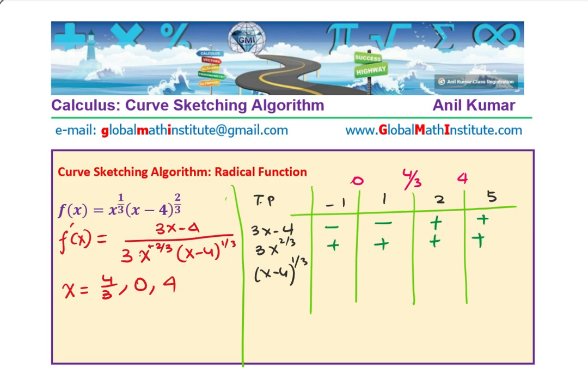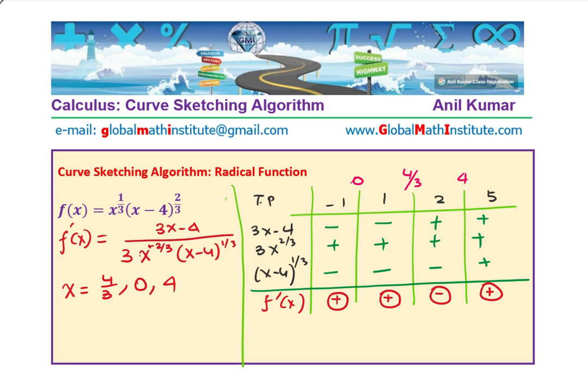Here, if I put −1, this is going to be negative, 1 will be negative, 2 will be negative, and 5 will result in a positive value. And therefore, the derivative as such will be positive, again positive, here negative, and then positive. If there are 2 negatives, it results in positive. An even number of negatives when multiplied or divided will give you positive, and an odd number of negatives will give you negative.